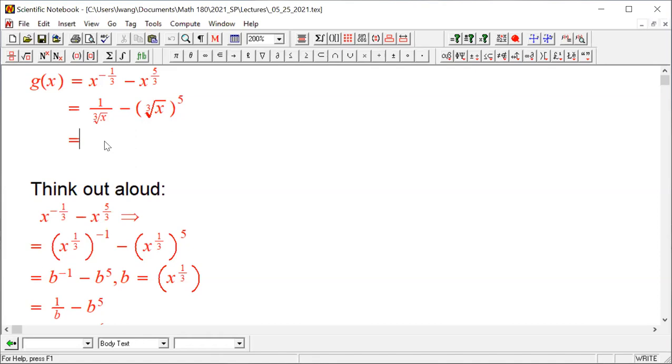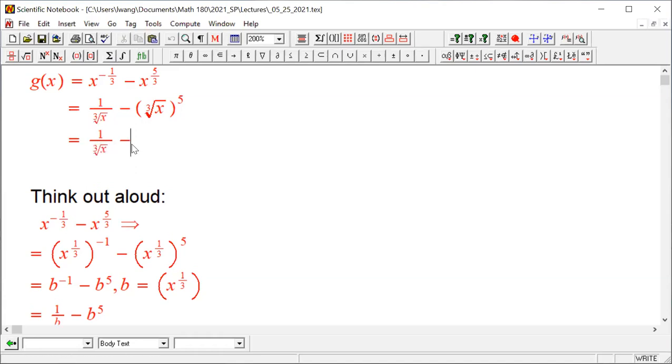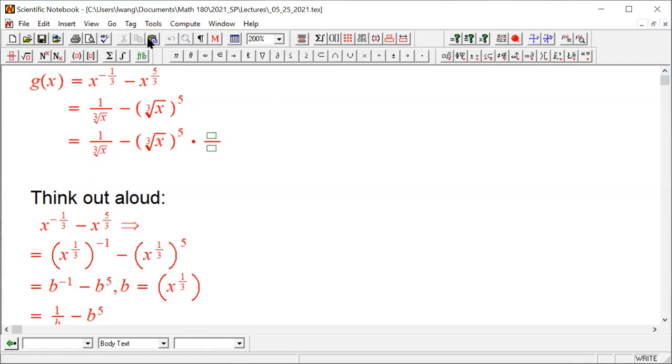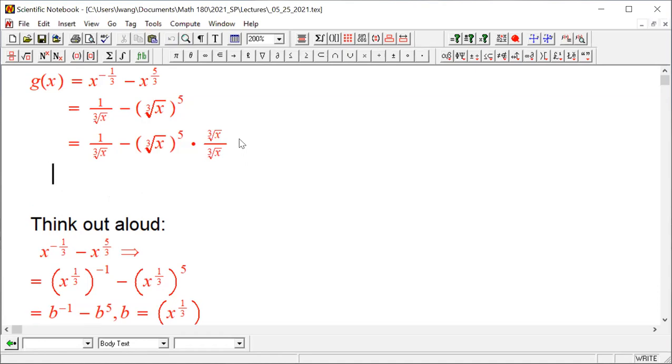So now, like what I did here, I'm going to find a common denominator. This is my common denominator, so that part doesn't change. For this other part, I multiply the top and bottom by the same number, so that's multiplying by 1.